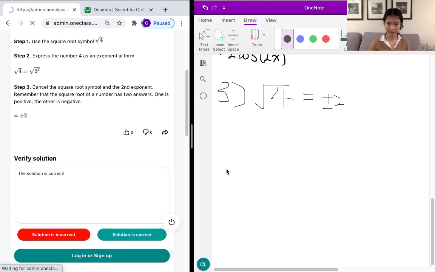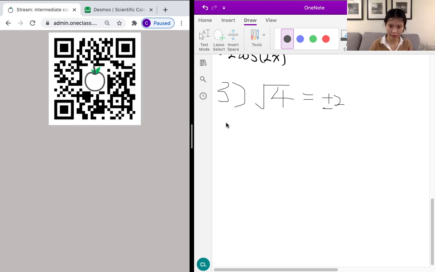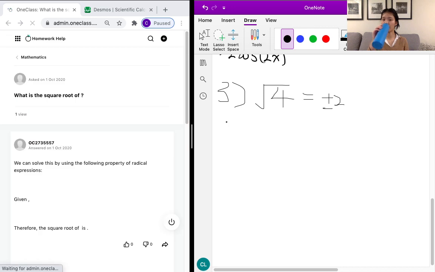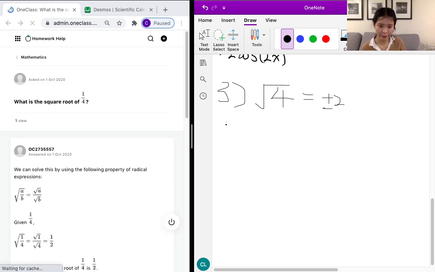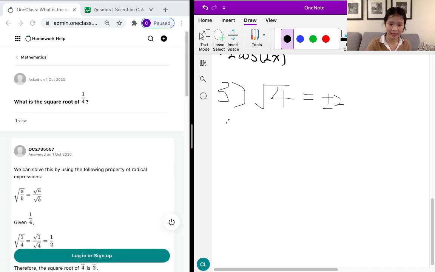Okay, now we're on to our fourth problem. Over here it's asking us what is the square root of 1 over 4, or what's the square root of a quarter.